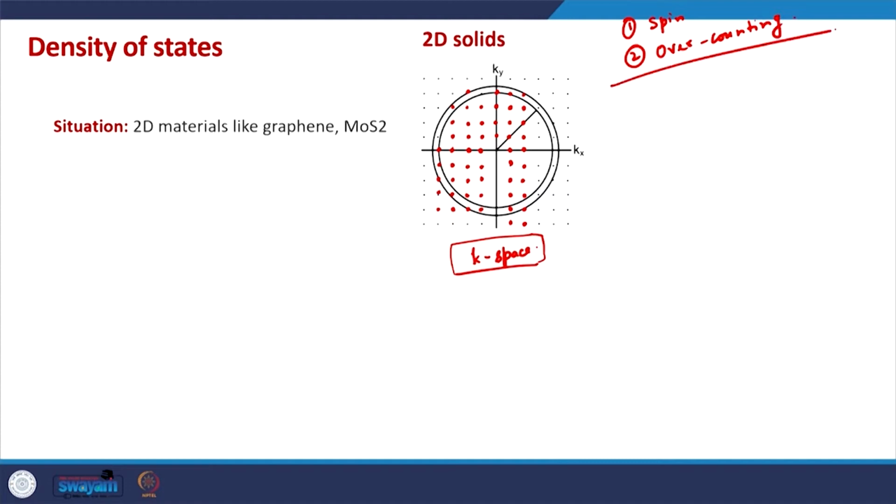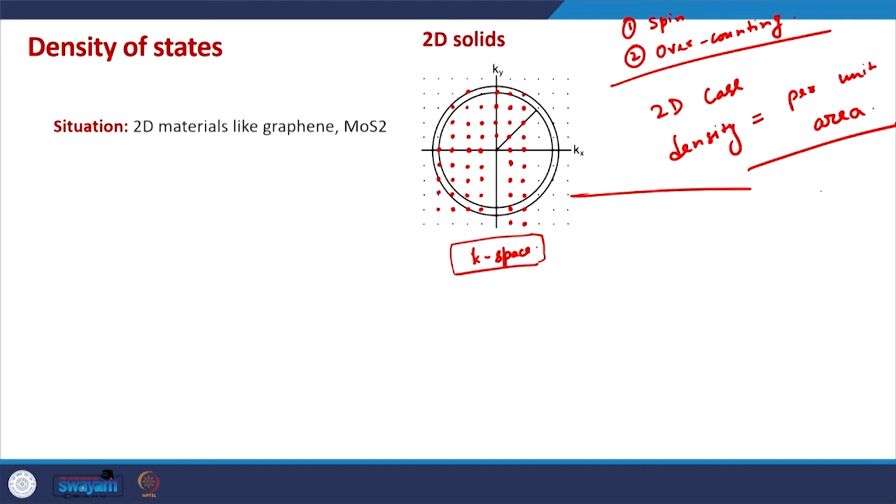So, here in order to find the density of states, we need to calculate the number of k points in k space, and we need to find the density of allowed k points in the k space. In a 2D case, density will mean per unit area. In the 3D case, it was per unit volume.